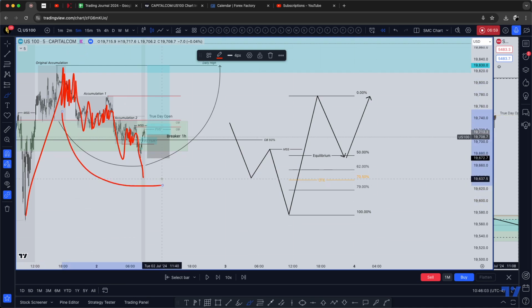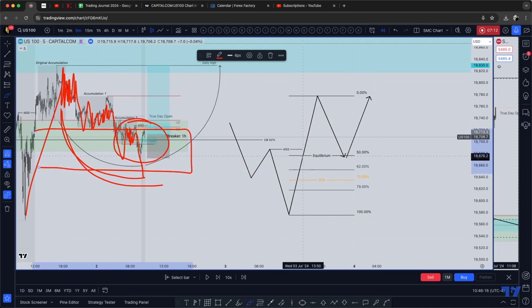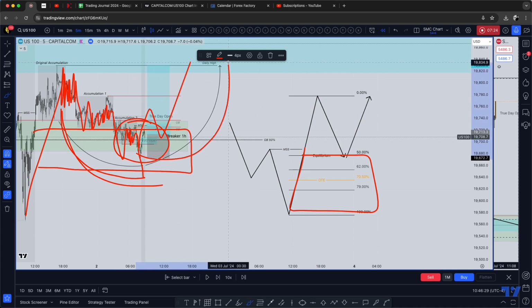It's your job to decide, do you want to get into sells trying to catch the sell side of the curve, or do you want to wait for the market structure shift once the price is positioned in discount, which is somewhere here? You wait for price to tap discount and then you look for the buys after market structure shift, pulling back, and then you catch the buy side of the curve.